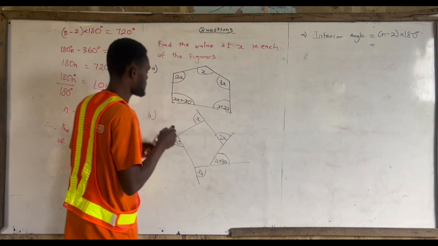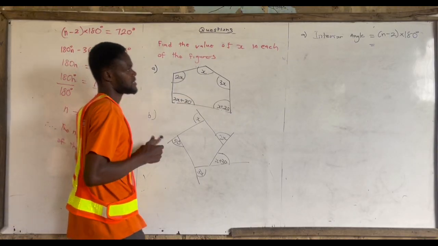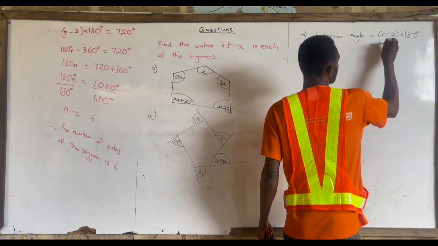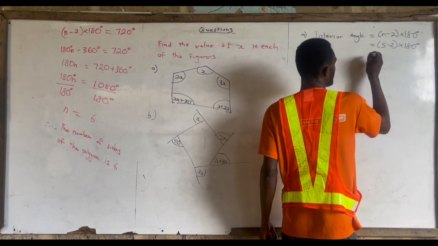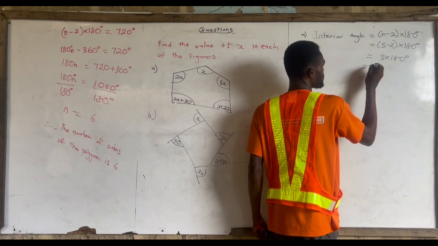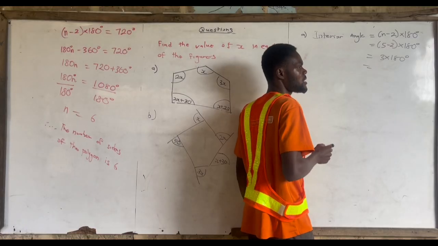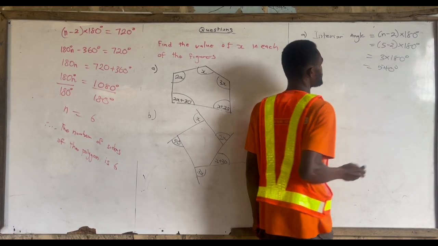So how many sides do we have? 1, 2, 3, 4, 5. 5 sides. So we have 5 minus 2 times 180 degrees, which is 3 times 180 degrees, which is 540 degrees.